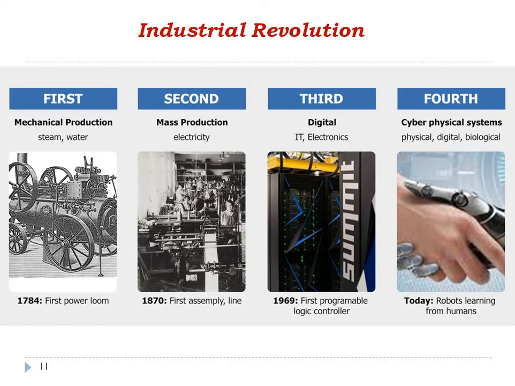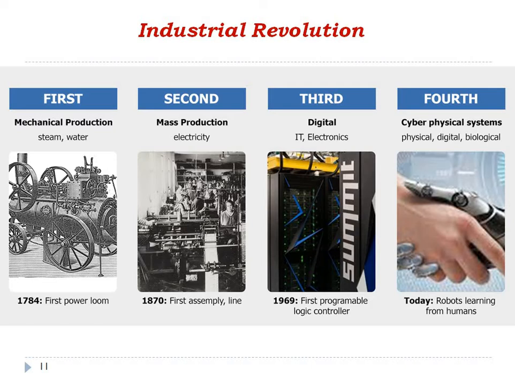In the first revolution, mechanical production started using steam and water. The first power loom was established in 1784. During the second industrial revolution, electricity came into picture, and the first assembly line came into practice in 1870.